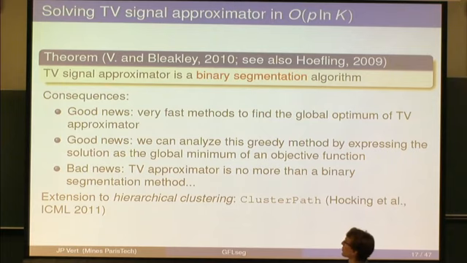We worked on that, and it's also related to a paper by Höfling, which was published as a tech report in 2009, which shows a similar result, but the other way around. It shows that in order to find a complete set of solutions of the fused lasso, you can start from a fully segmented sequence, meaning a change point in each position, and then you can merge pairs of segments one by one, and it's just a merging operation that leads to the set of solutions of the fused lasso.